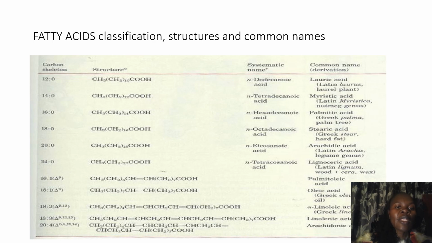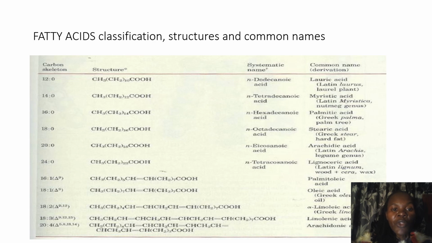C16 colon 0, saturated fatty acid. 18 0, saturated fatty acid. 20 0, saturated fatty acid. 24 0, saturated fatty acid. So the colon separates the number of carbons and the number of double bonds. They have 0 double bonds. They don't have any double bond. So we name them as saturated fatty acid.